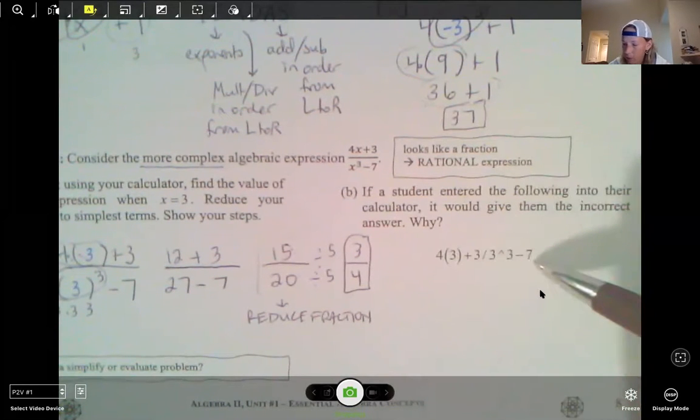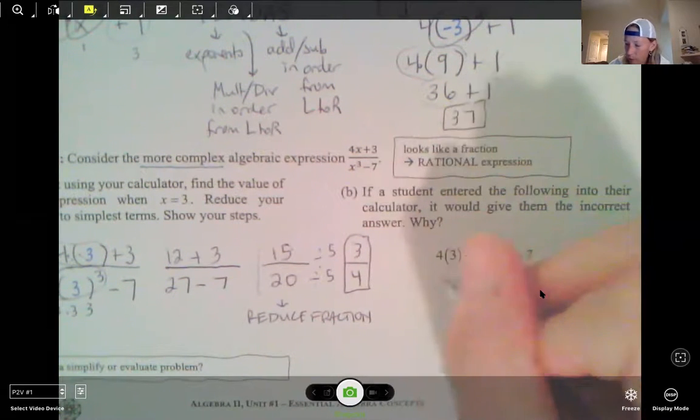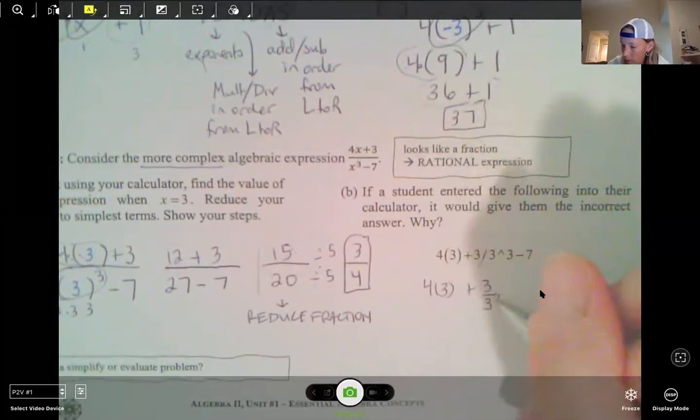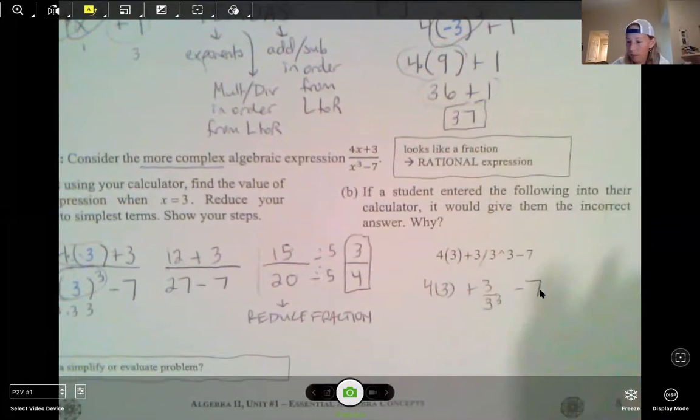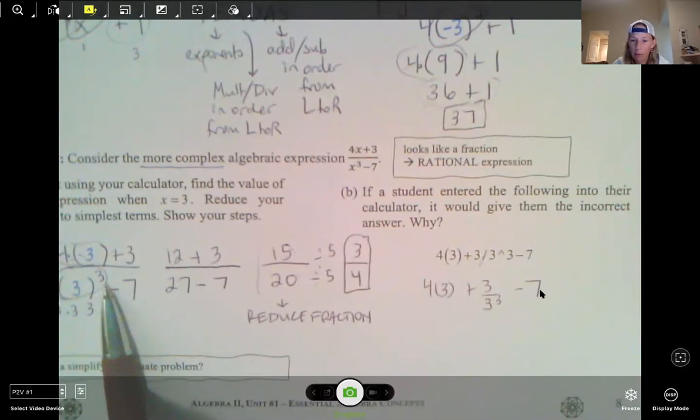If they enter all of this straight up in the calculator, this division sign is only showing this 3 divided by 3. It would look like 4 times 3 plus 3 divided by 3 to the 3rd, and then minus 7. That's not what it looked like when we wrote it out.